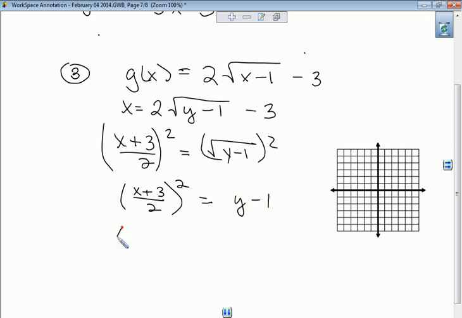Subtract 1 from both sides. Okay, and this is the inverse, right?